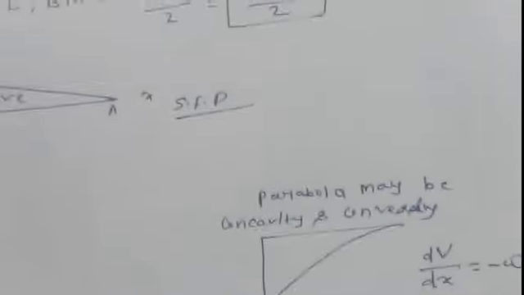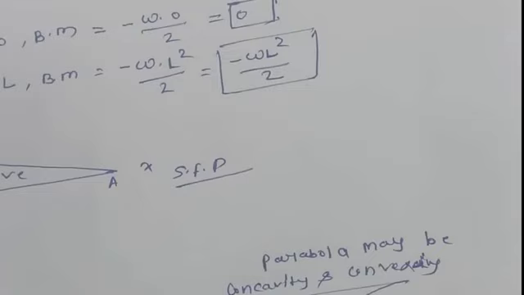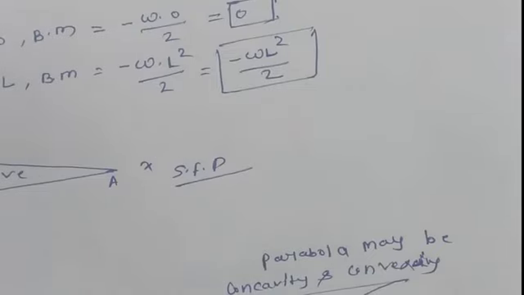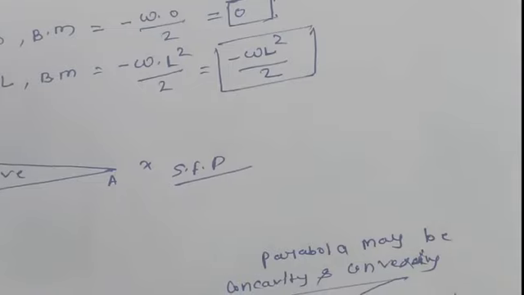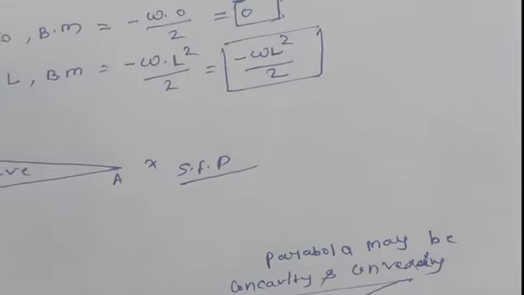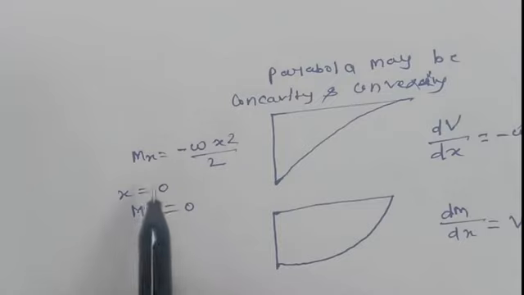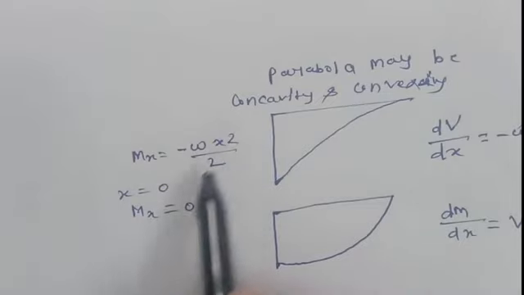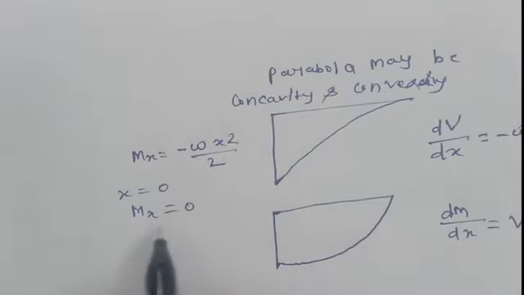So the bending moment Mx equals minus W x square by 2. If x equal to 0, the bending moment is 0.